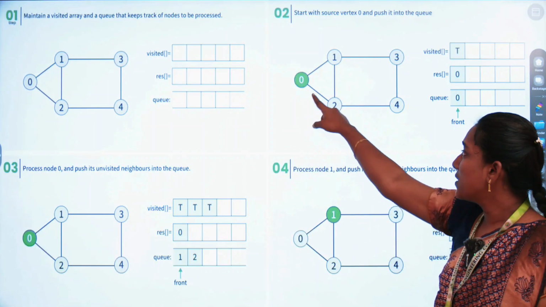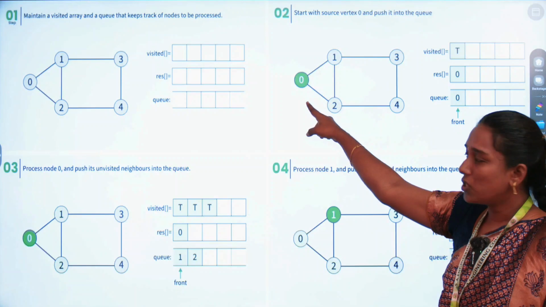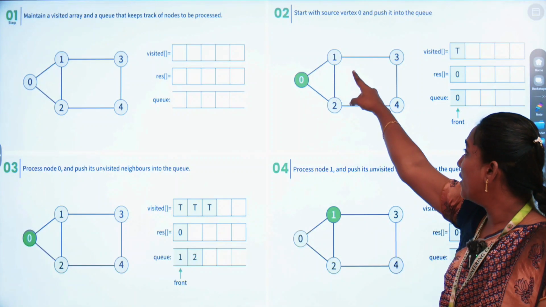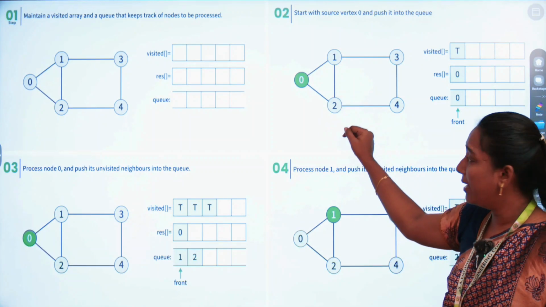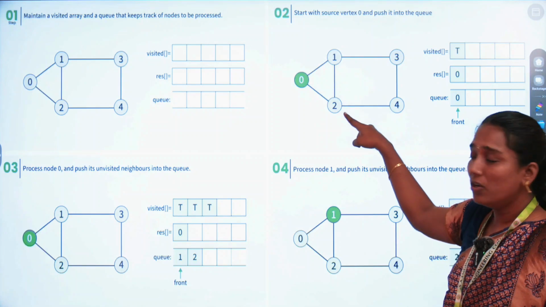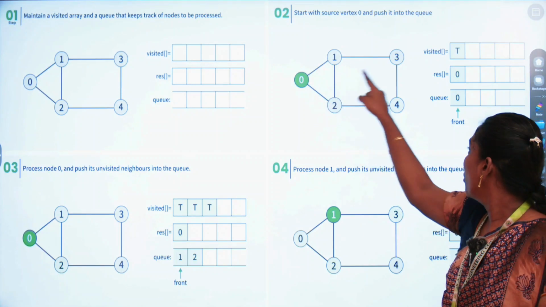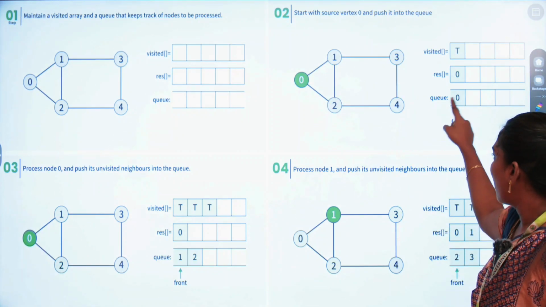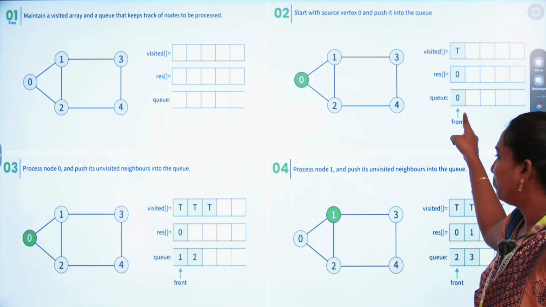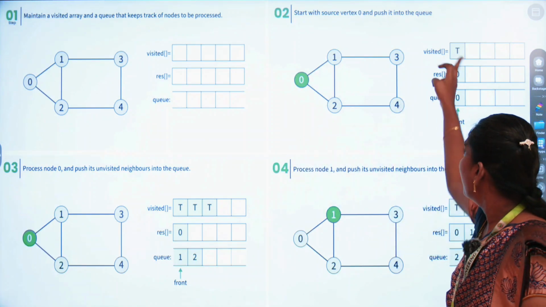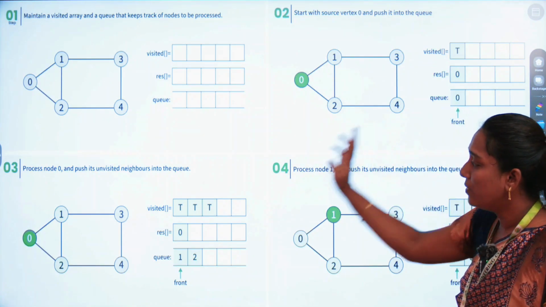Now the first process is it starts with the vertex 0. Since it is level by level, from 0 it reaches to 1 and 2, both the nodes. The starting node 0 will be first enqueued in the queue, and it will be changed to true.